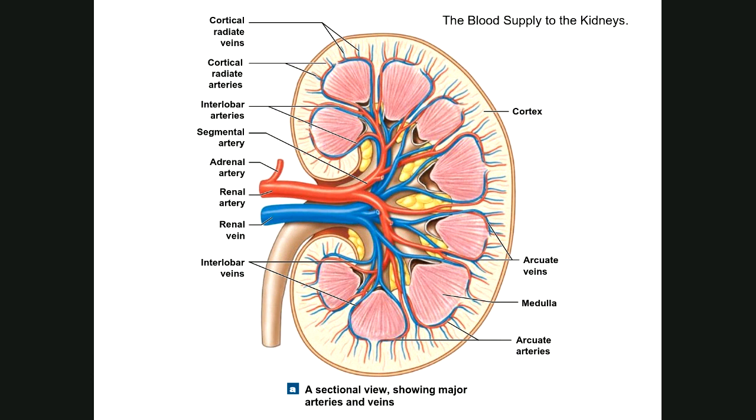Arcuate vein empties into the interlobal vein. Interlobal directly into the renal vein. For some reason, we don't have segmental vein like for the artery. Interlobal vein empties directly into the renal vein, while the interlobal arteries get supply from the segmental artery, which gets the supply from the renal artery.